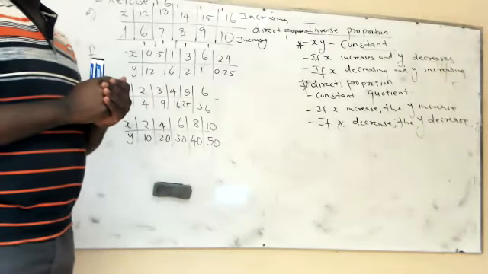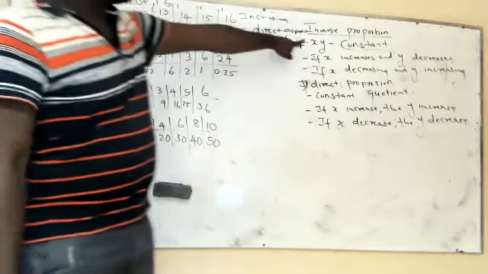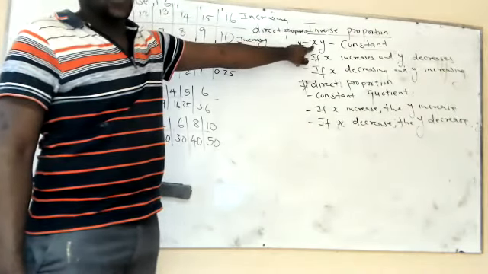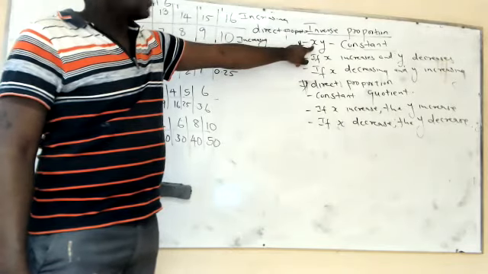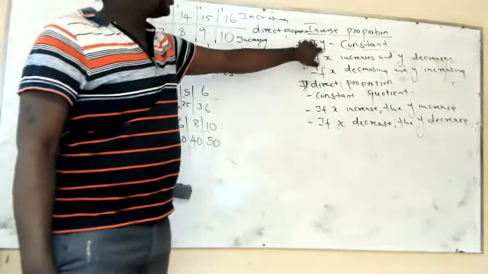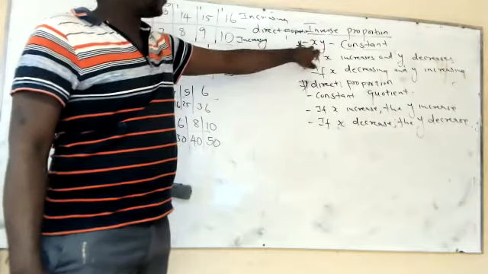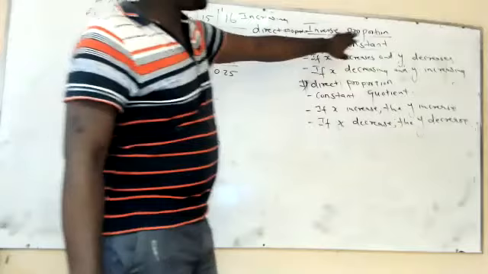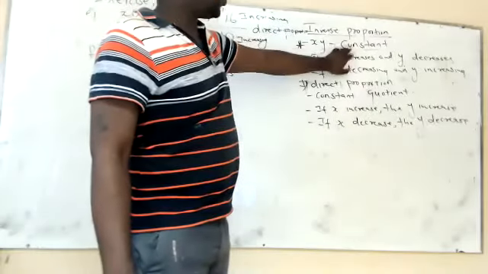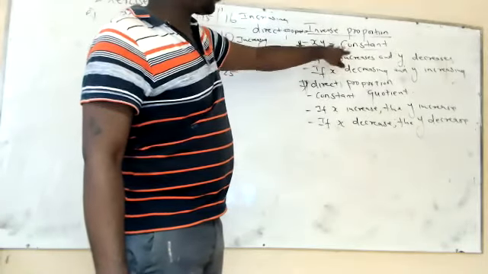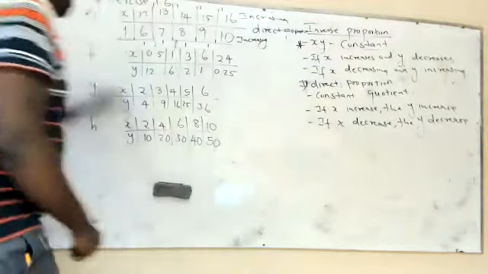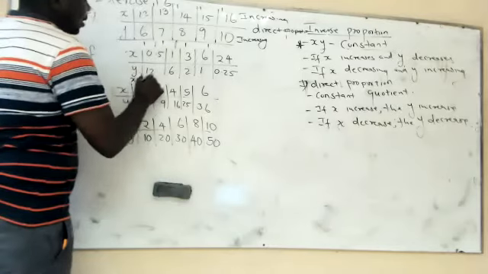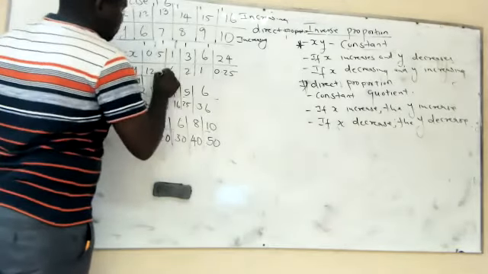We need to find the product of X and Y, né? If they are the same, you then can conclude that it's having a constant product. So let's check if indeed, if we multiply X and Y, we get the same values here.